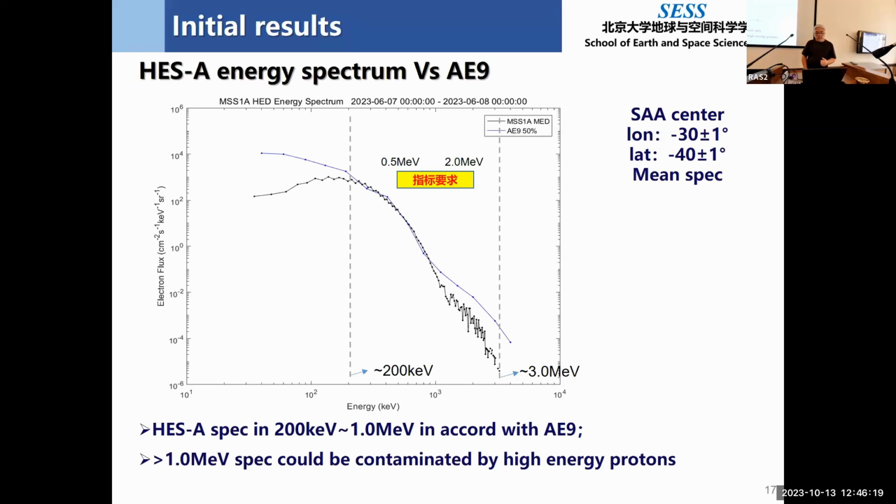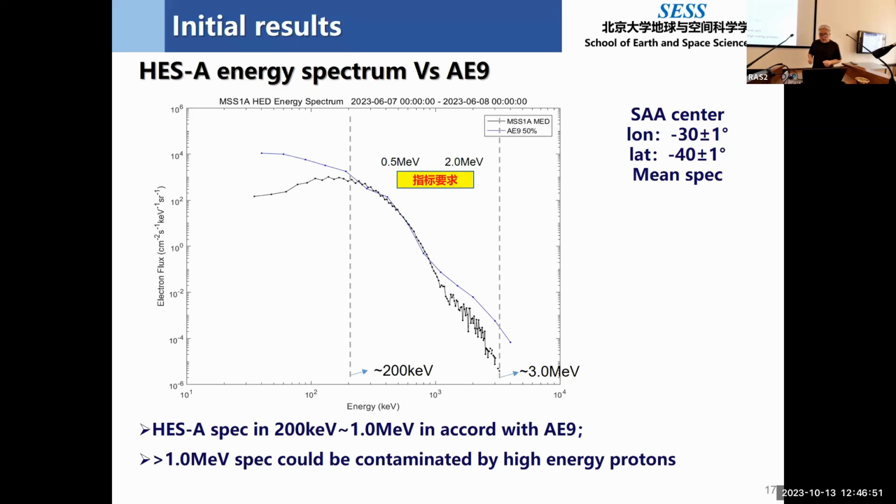This energy spectrum is for the high energy electron spectrometer. Our nominal energy range is 0.5 to 2 MeV. Actually, we can see the energy spectrum from 200 keV to almost 3 MeV is also the same.